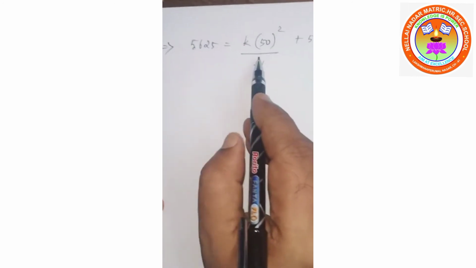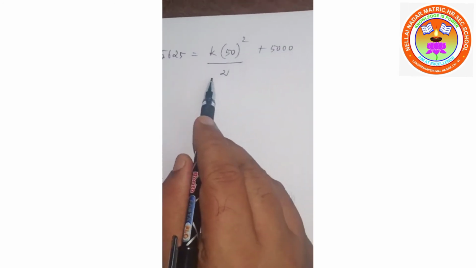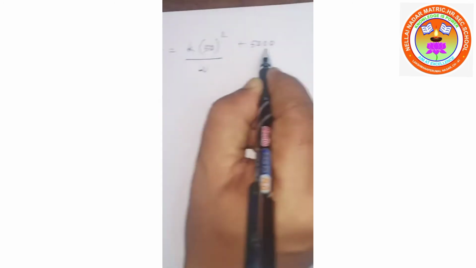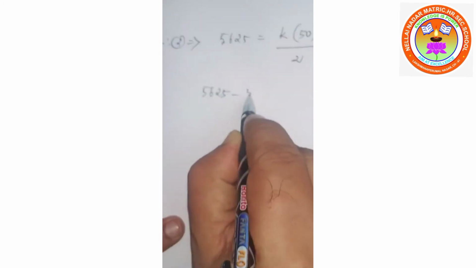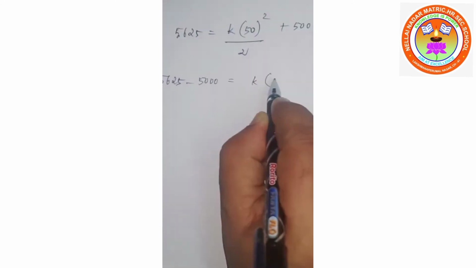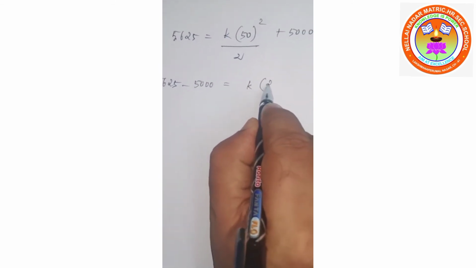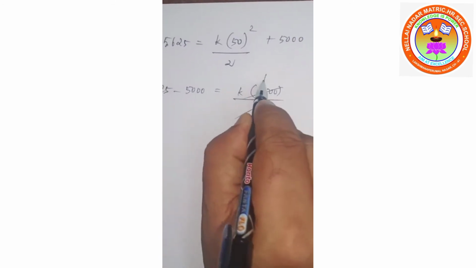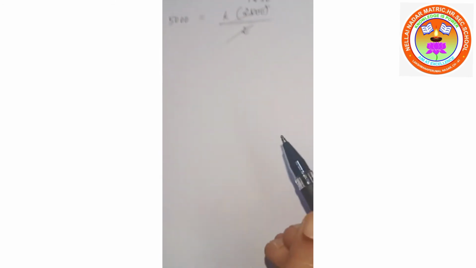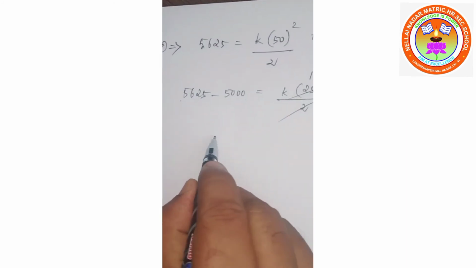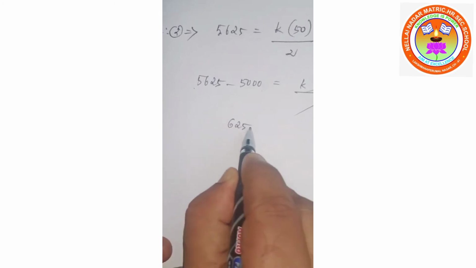We have to simplify and find the value of k. 5625, the 5,000 comes to the left hand side. You have to write minus 5,000, that is equal to k into 50 squared, 2,500 divided by 2, which is 1,250. 5625 minus 5,000 equals 625.